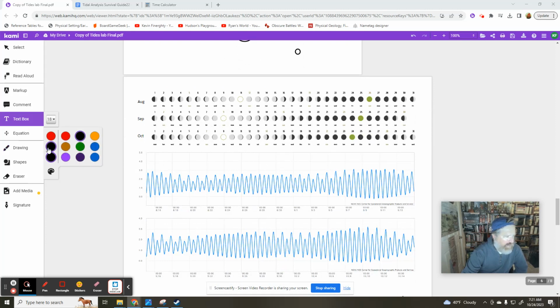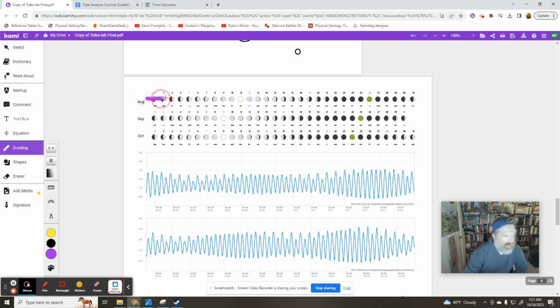Starting from around August 16, where do we get those? That's not even on this graph, and past October 14 is not on this graph either. We don't need to do any of those. What you're going to do is any quarter, new, or full phase that is around there.